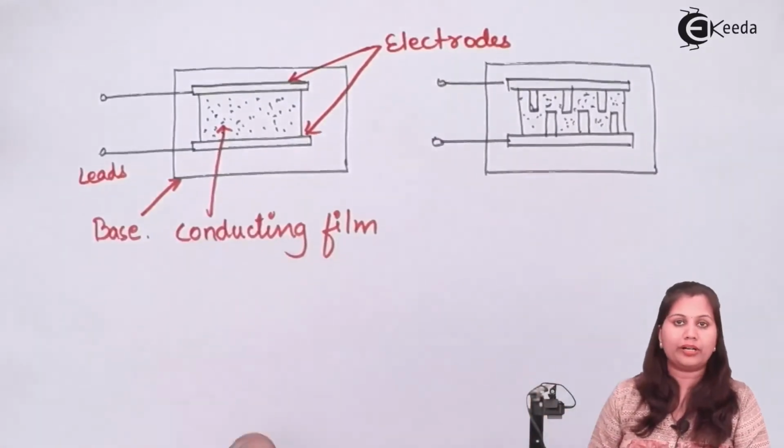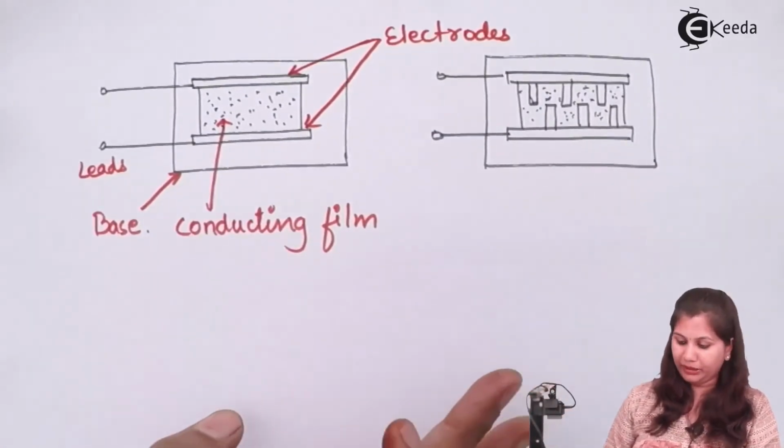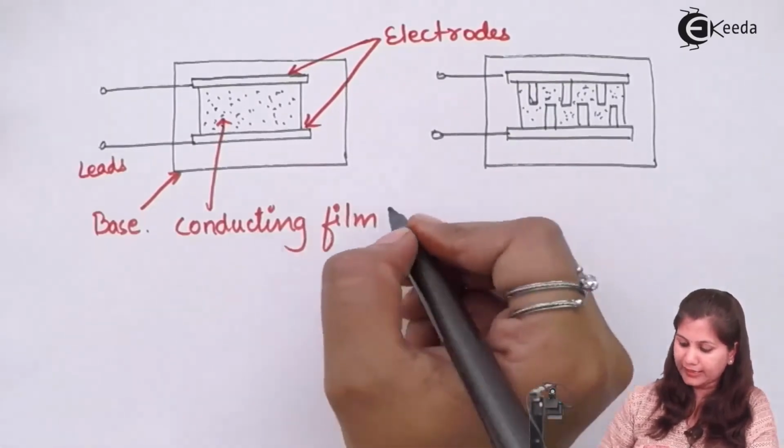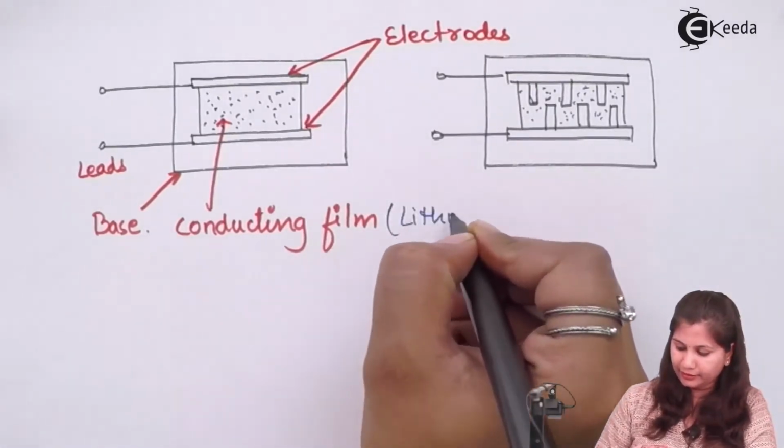So these are the two arrangements for the resistive hygrometers, in which the lithium chloride is acting as the conducting film.